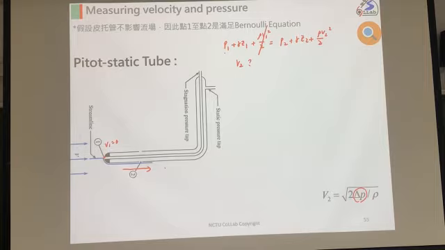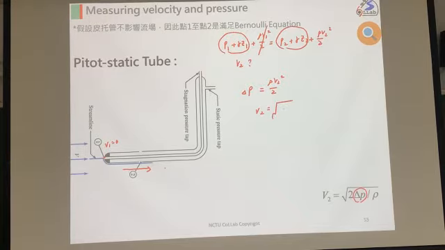So we have the piezometric pressure for location 1 and the piezometric pressure for location 2. So delta P is piezometric P1 minus piezometric P2, and delta P is finally equal to one half rho V2 squared.